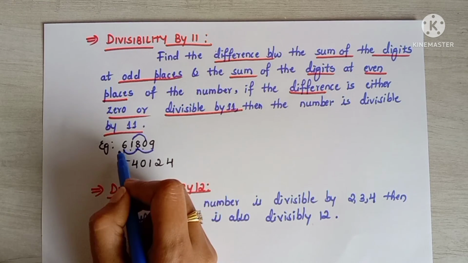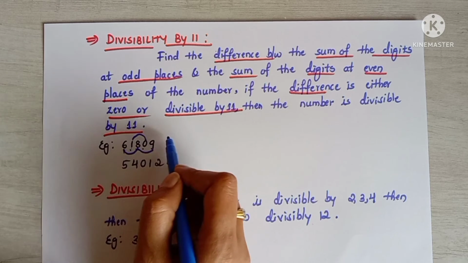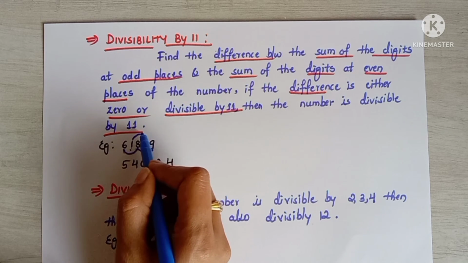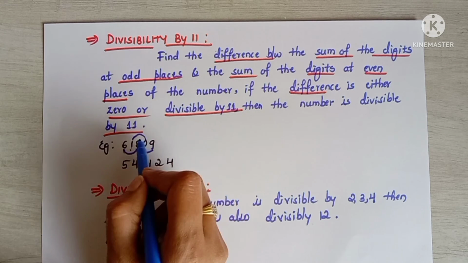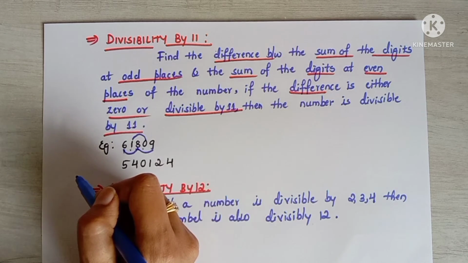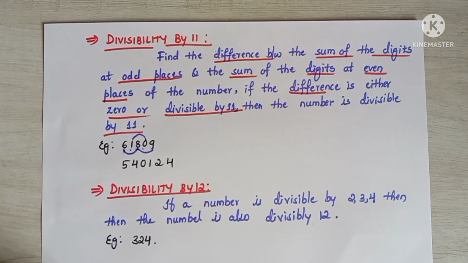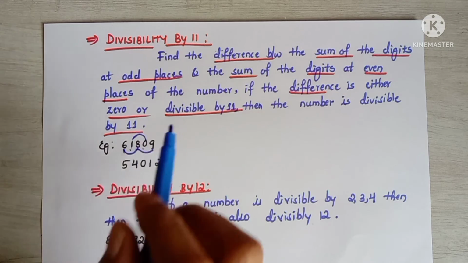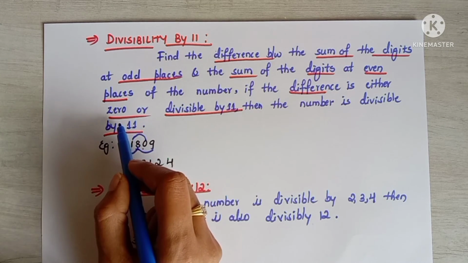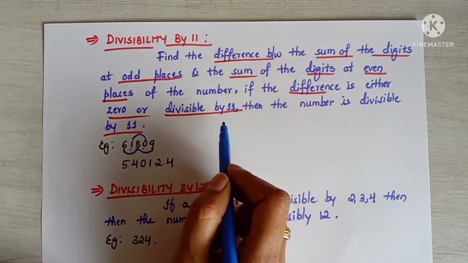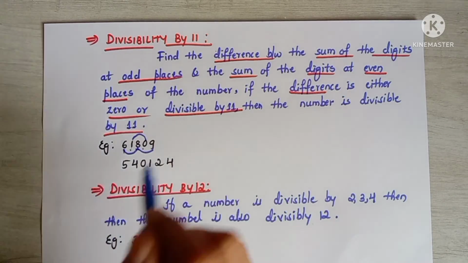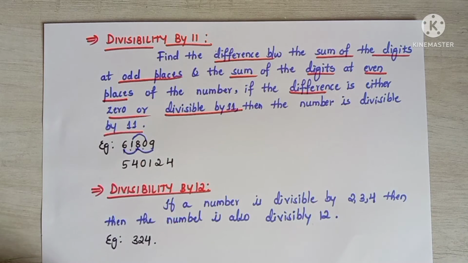We have to take the sum of these odd places and also the sum of the even places. After that, we have to subtract one from the other. After subtraction, if the difference is 0 or a number divisible by 11, then we can say that the given number is also divisible by 11.